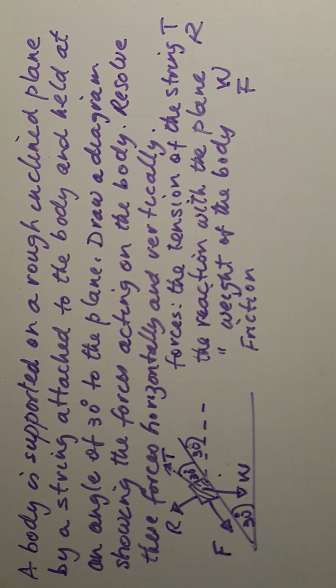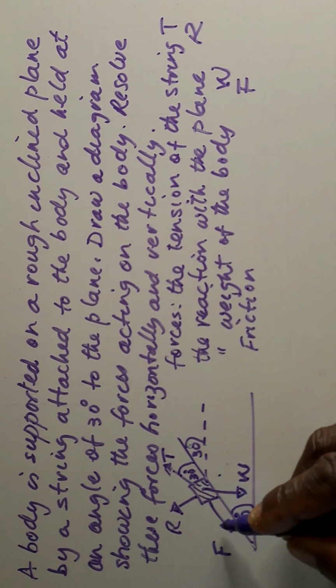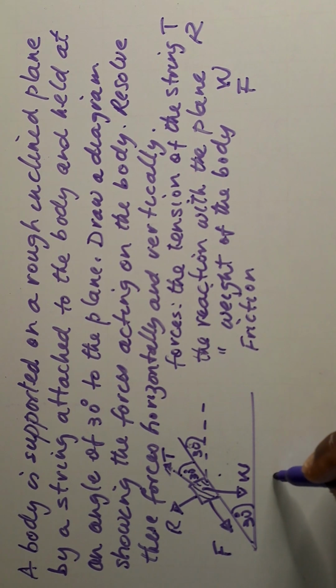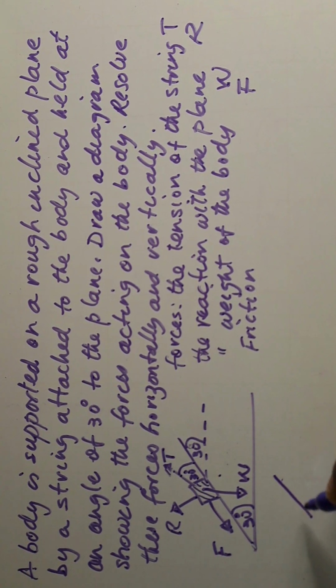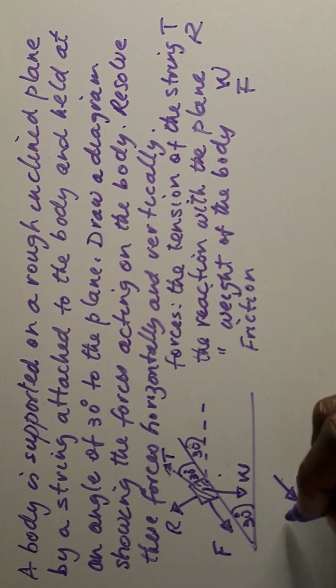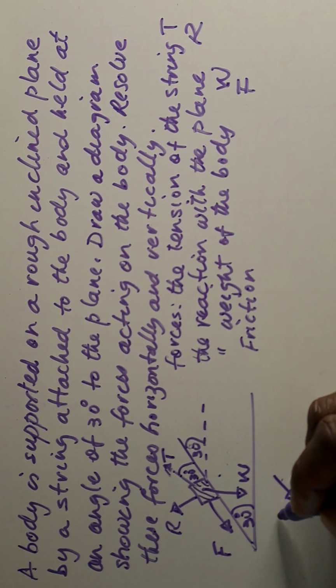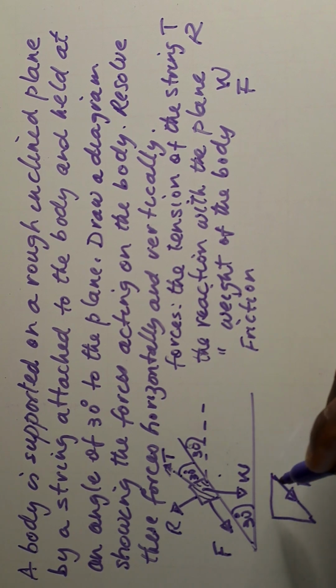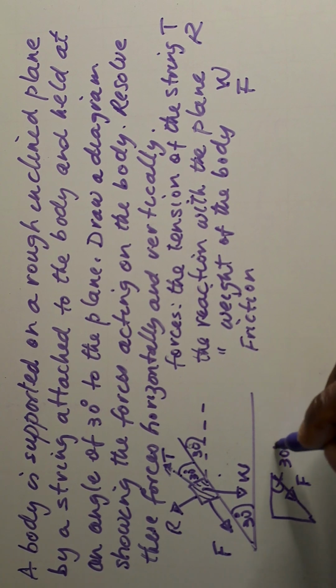First we'll start with the frictional force. It's acting down the slope. So if we use this to illustrate the force acting down the slope, F, then we can build our right angle triangle around this. This is 30 degrees.